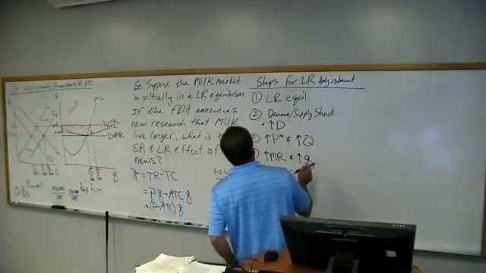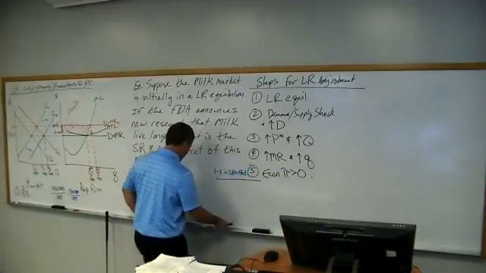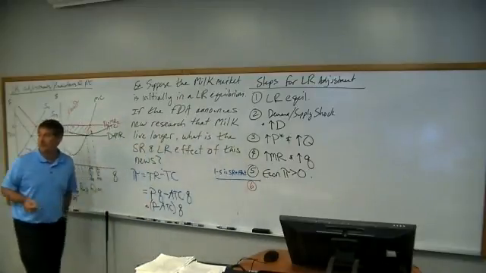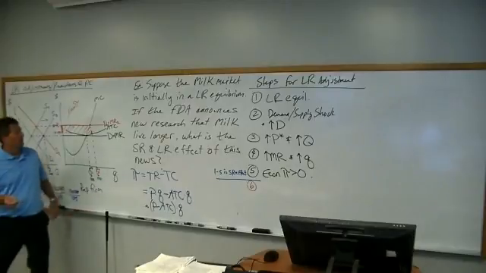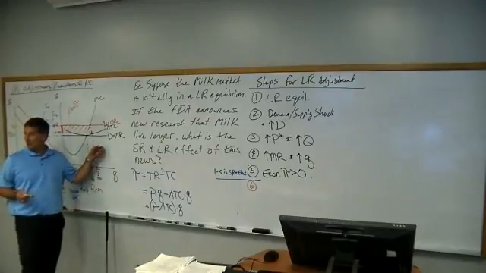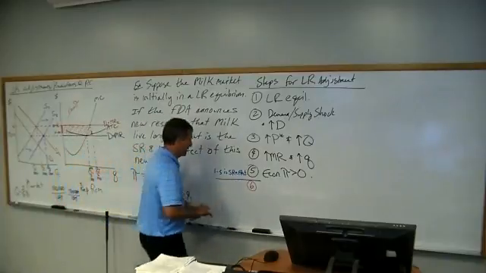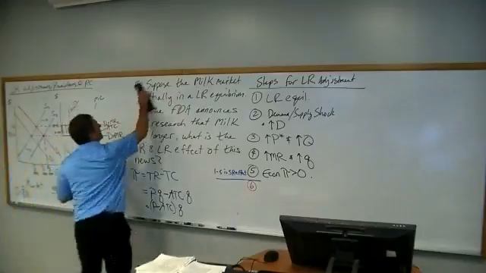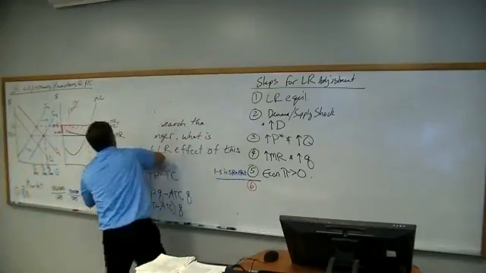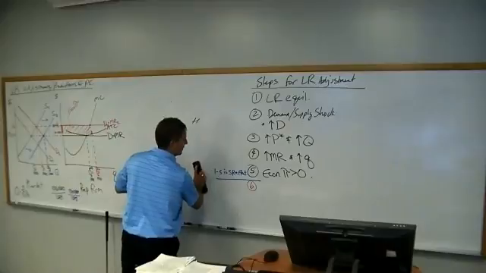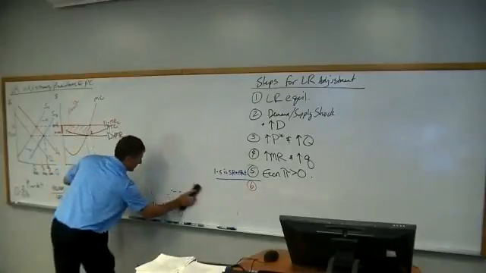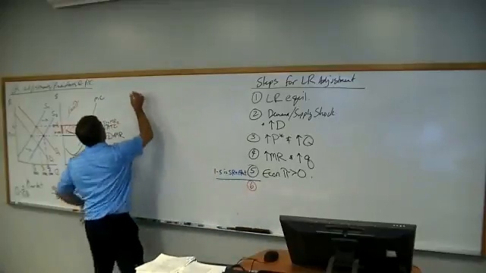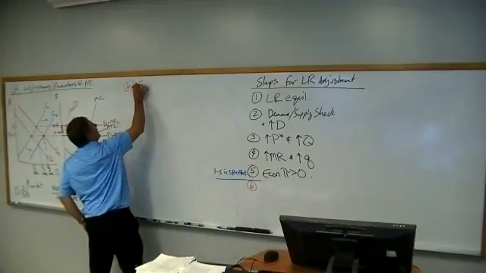All right, so let's add on here. Step number 6, we start our long run effect here. We had entry of firms, right? The economic profits lead to entry. Step number 6.